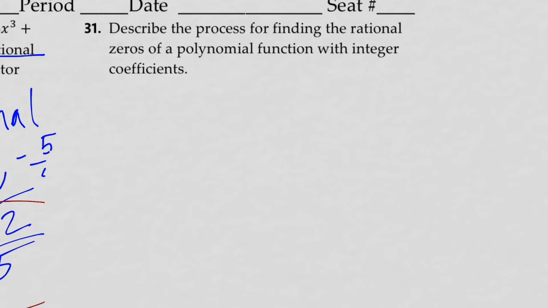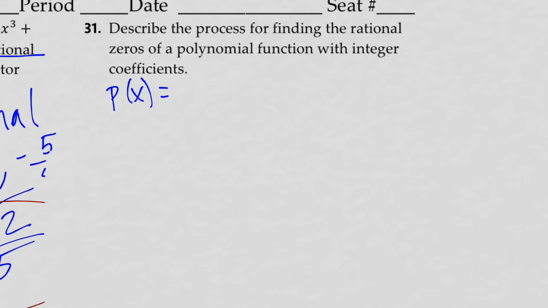Okay, 31. Describe the process for finding the rational zeros of a polynomial function with integer coefficients. So there's a few steps you have to take in order to find the rational zeros or rational roots of a polynomial function with integer coefficients. So like the one that I just made up in the last problem. Let's make up another one.